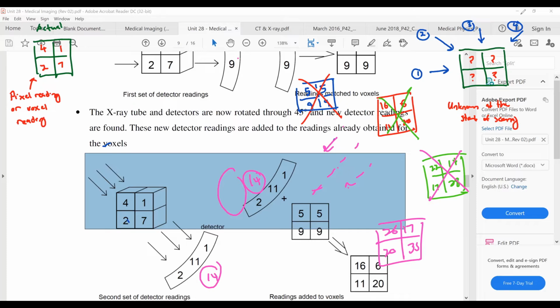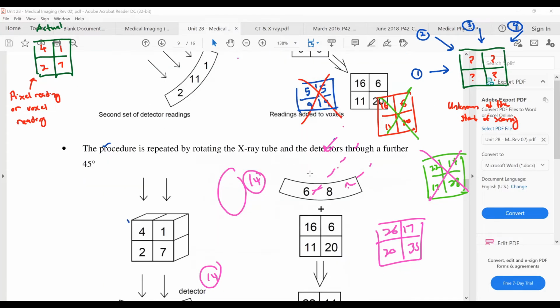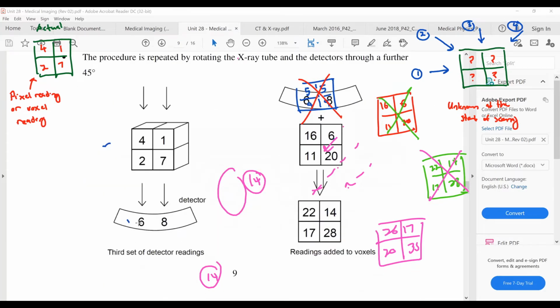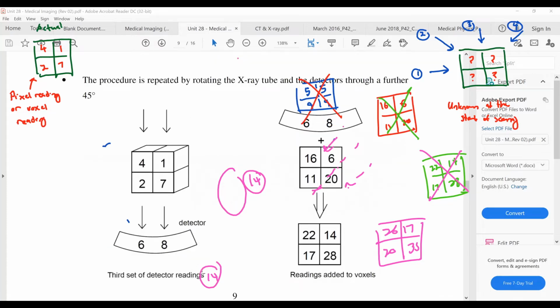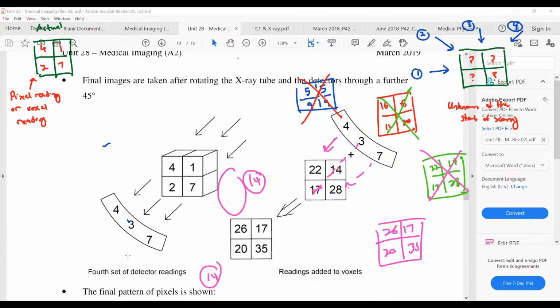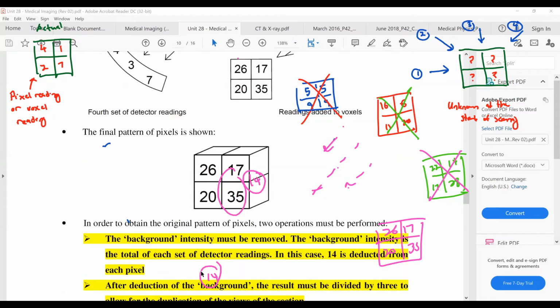Then you look at the third direction, which is this one. 6 plus 8 will give you 14. Then you look at the fourth direction, the last direction. If you look at your total detector reading again, it will also still give you 14. Okay, this is your total detector reading. That one is also called your background intensity or your background reading.